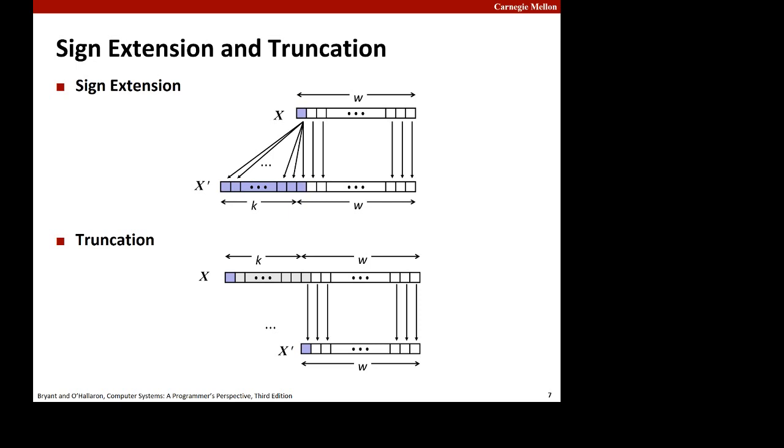Similarly, if you want to shrink a number, they just chop off the high order bits, and if it's a signed number, whatever used to be in the new most significant bit position becomes the sign bit. And that may or may not be a good idea in terms of preserving numeric values. Obviously, if you're going to shrink the number of bits, some values will be unrepresentable, and that's the consequence of this. But that's just the way it works.